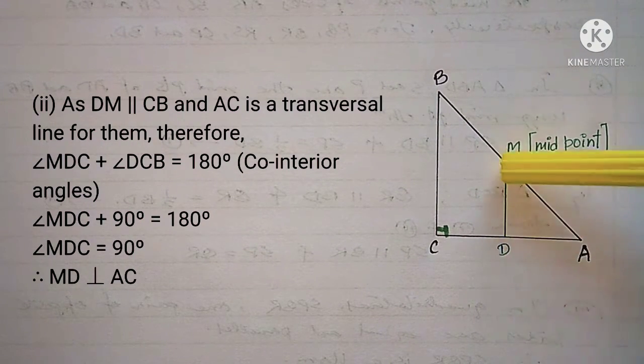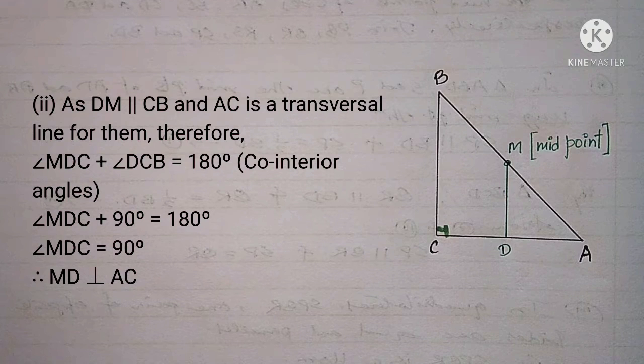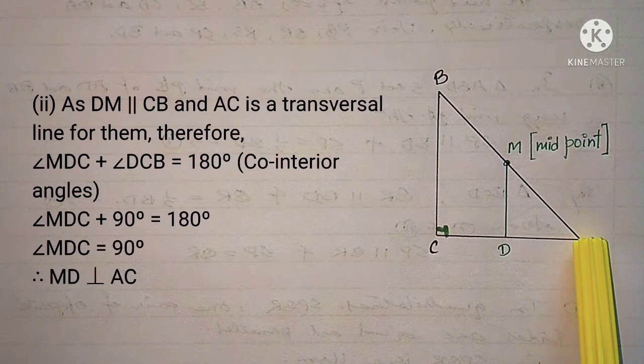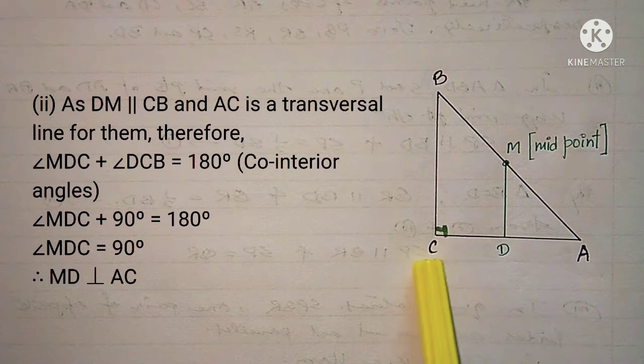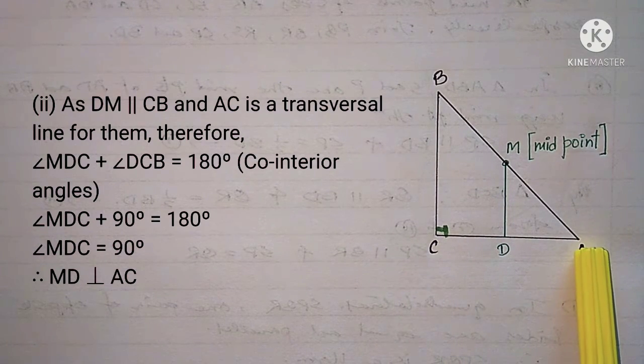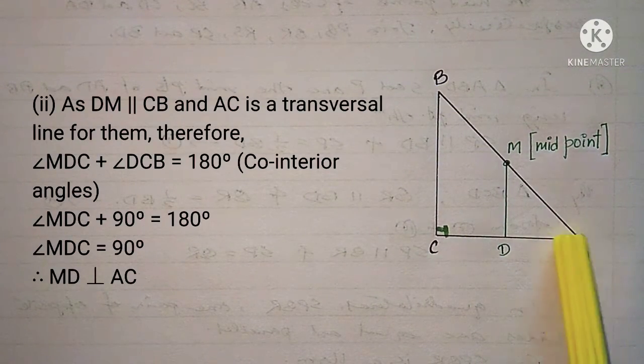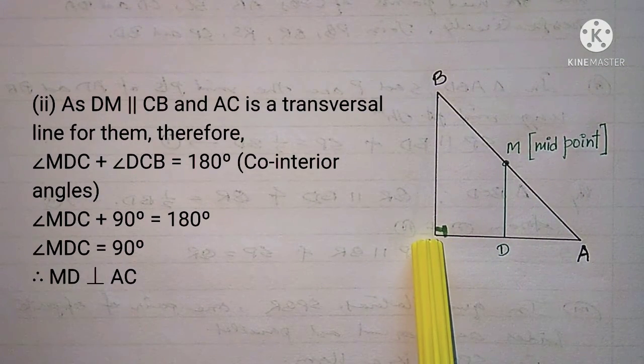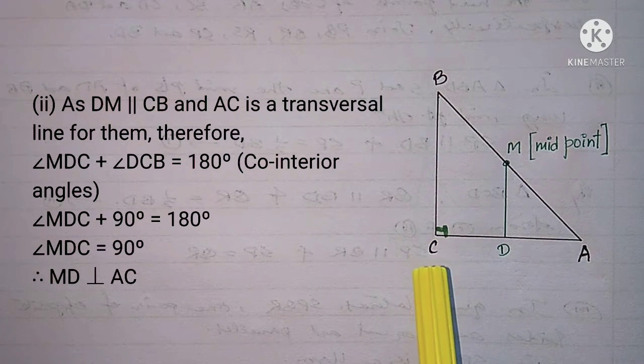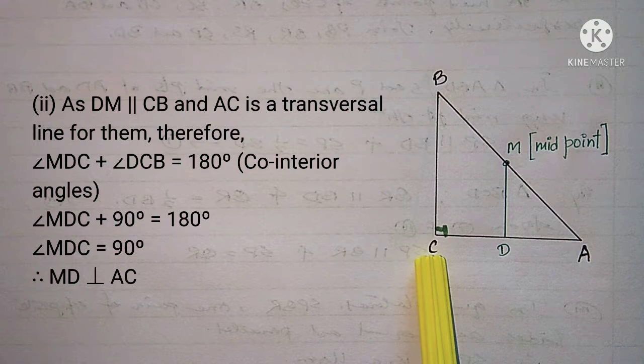Now this DM is parallel to CB, and this line AC we consider as a transversal. Because DM and BC are parallel, AC is the transversal line.